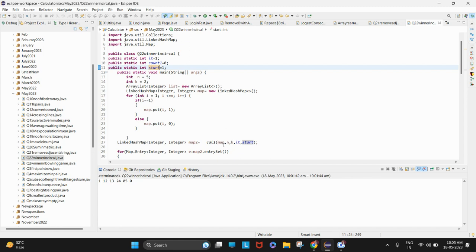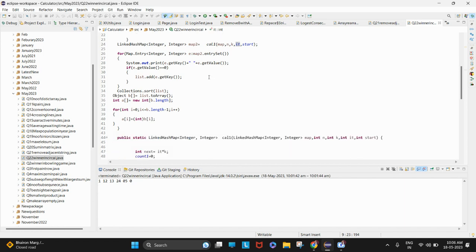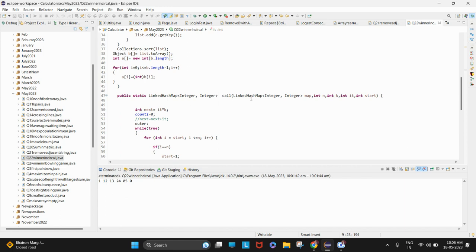I pass n and k and the map, which I will use for counting the next person: for the first person it is 1 times k, for the second person 2 times k, for the third person 3 times k, and I will increment i in the recursion. In making the call to this function, I have passed the map and two variables, i and start.